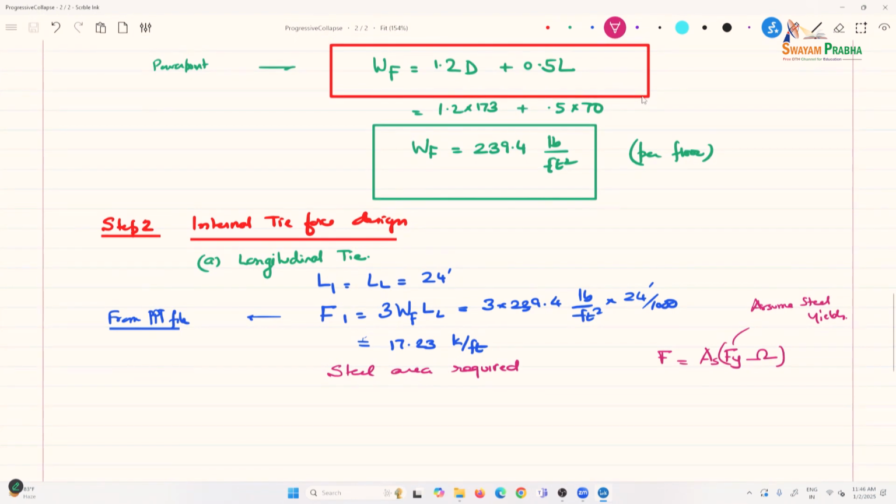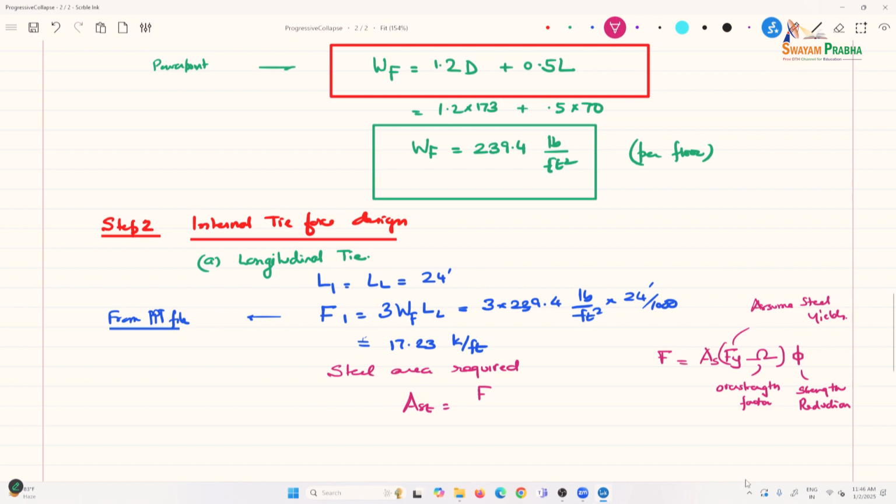So, from here you can calculate As equals F, multiplied by the overstrength factor of materials. In fact, there is even a limit on the overstrength.